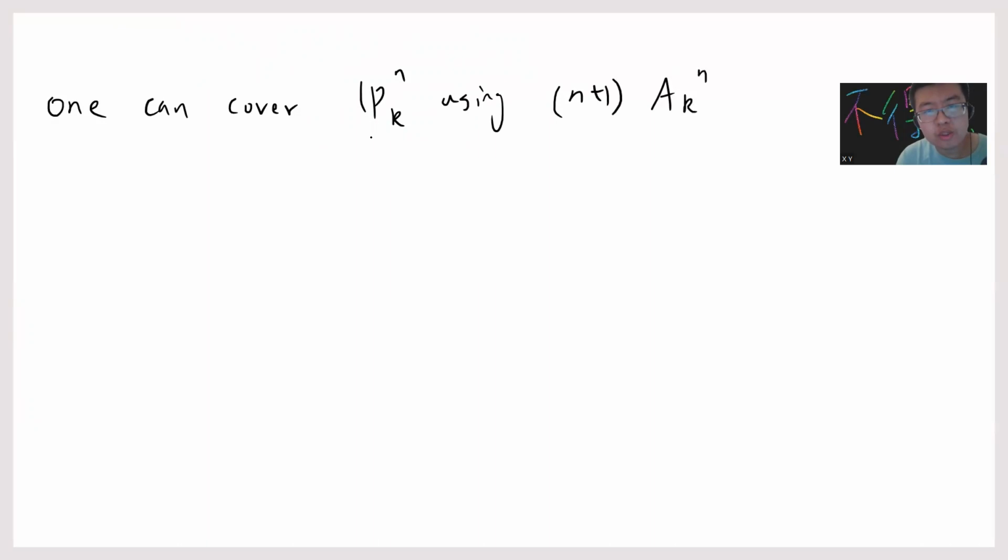So one can cover the projective space by n+1 affine spaces. I think this is not difficult to prove, so let me just quickly sketch the proof.